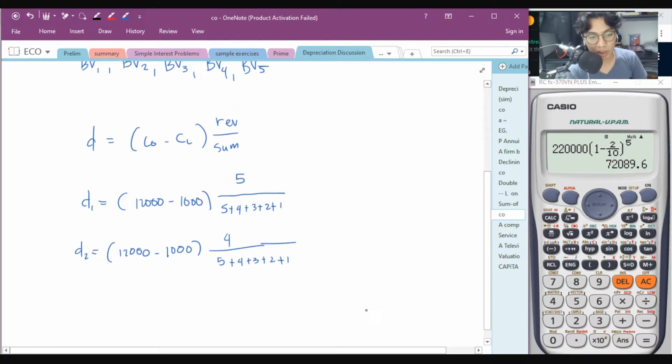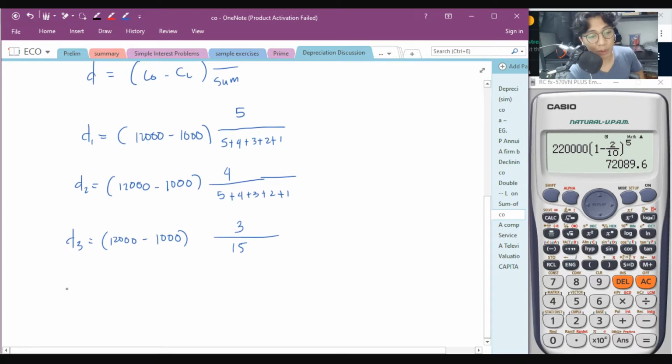Very basic yan. D3 naman. Baliktad. 5, 4, 3. So, the third year. Over, 5 plus 4, 9 plus 3, 12 plus 2, 14 plus 1, 15. 12,000 minus 1,000.